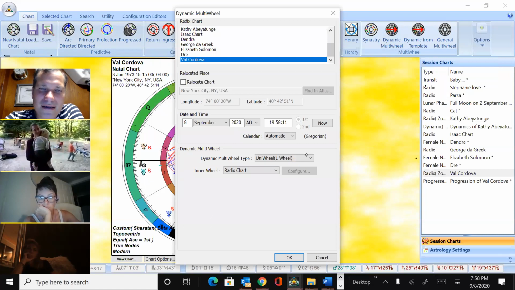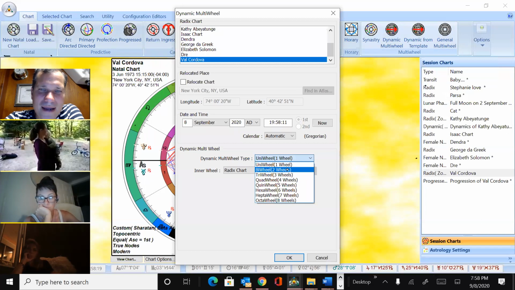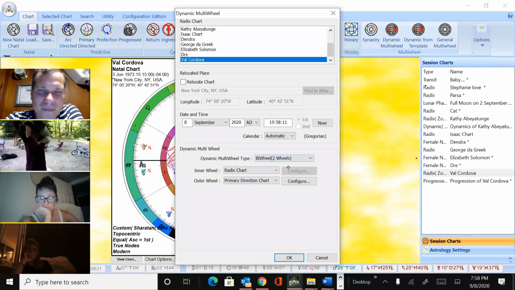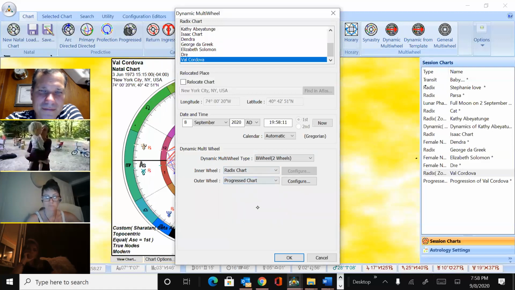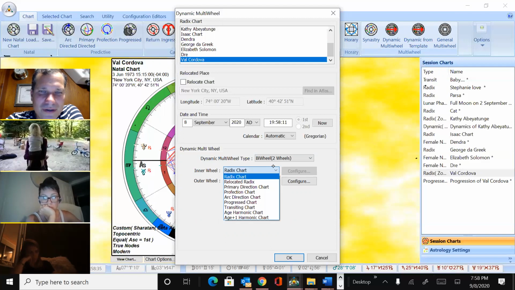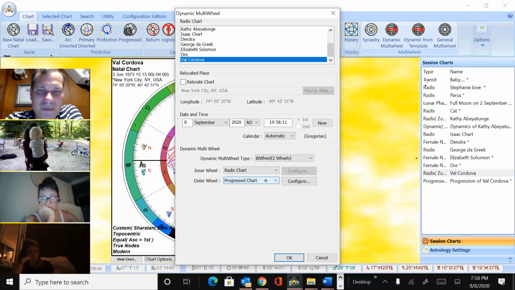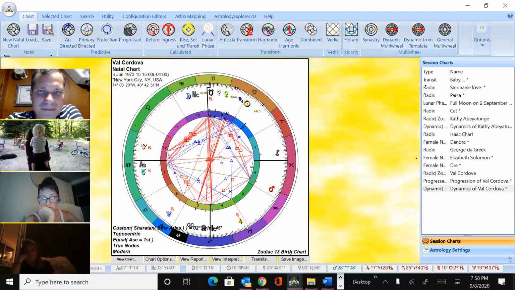And then here, we're going to do bi-wheel. And the inner wheel is her radix. The outer wheel is going to be her progress chart. Does radix mean birth chart? Yeah, radix means birth chart. And you can see you have a selection here too of whatever you want, but we're going to have a birth chart. The second wheel would be her progress. And then that opens up that wheel.